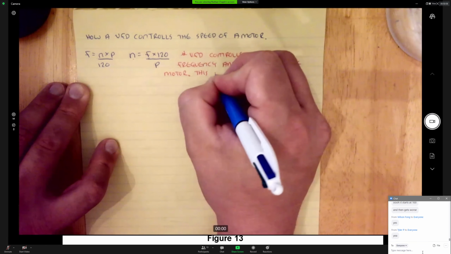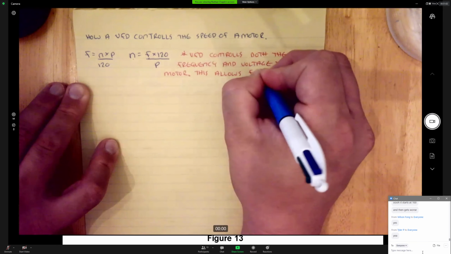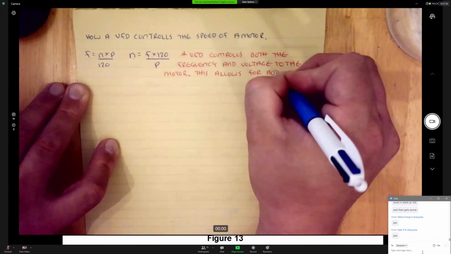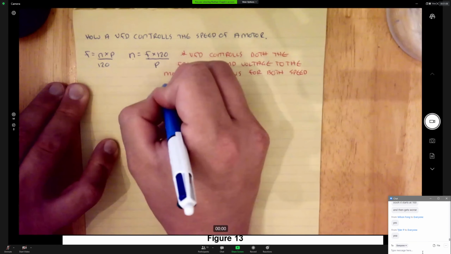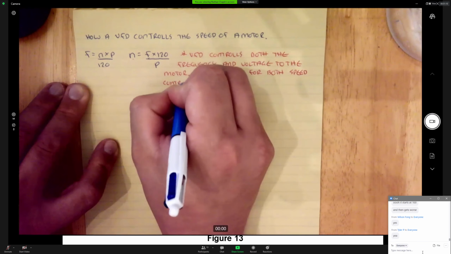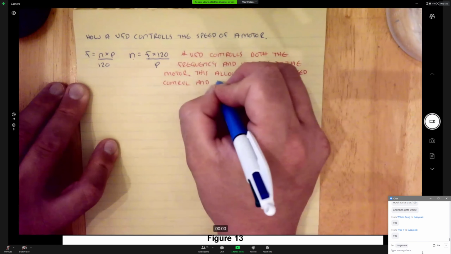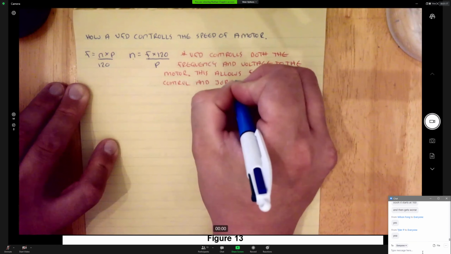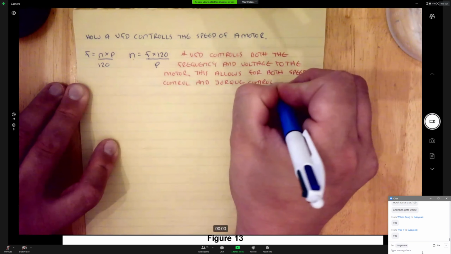This allows for both speed control and torque control.